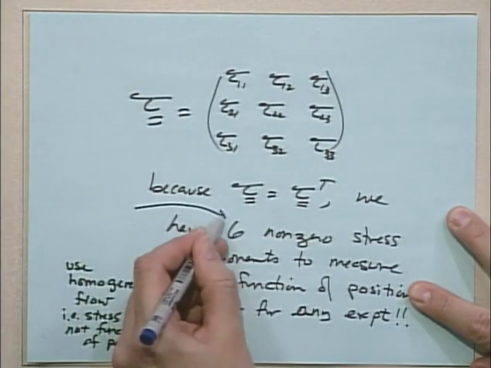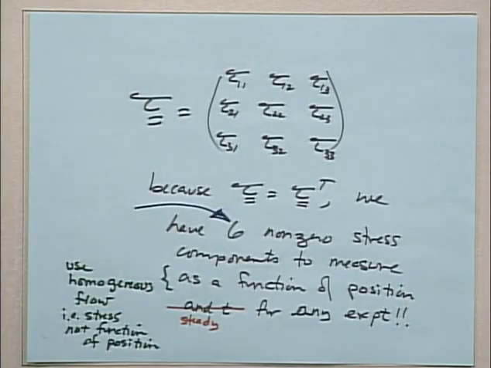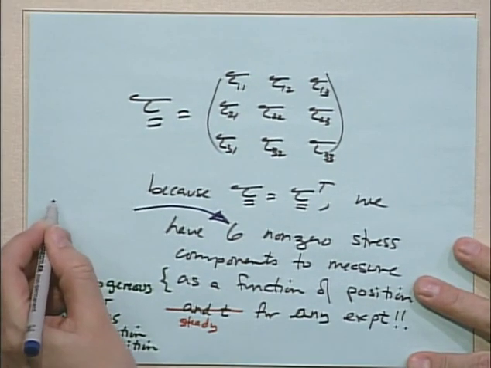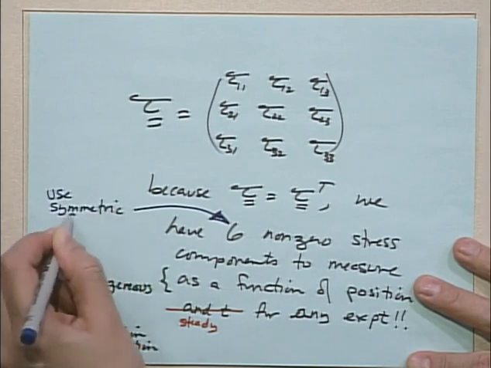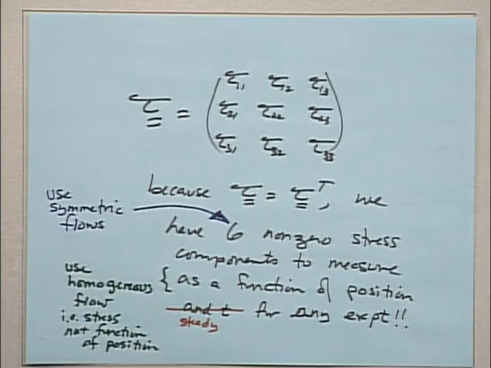Nice and simple. It's still not perfectly simple, though, because we have 6 non-zero stress components. So the other reason behind the design of these flows is we can use flows that are very symmetric, and reduce the number of stress components that we need to measure. And that's the answer to why we've picked these 2 flows that we're talking about.